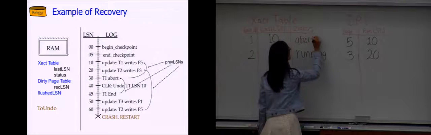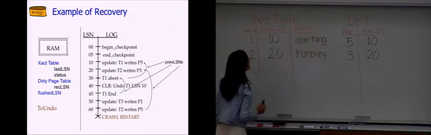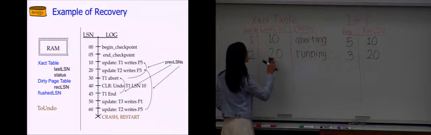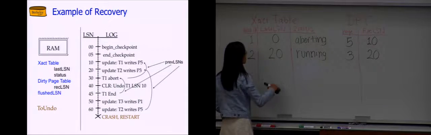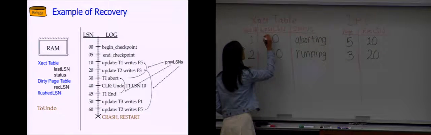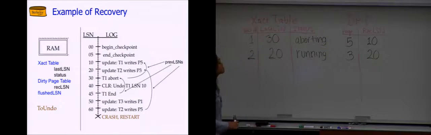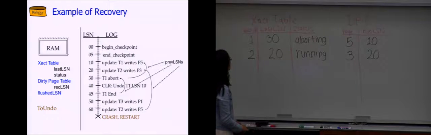Any other changes? Last LSN for 1 changes. That's right. What should it be now? 30. Any changes to the dirty page table? No, right? This didn't affect any pages. Okay. The prev LSN of 30 is 10 because 10 is the previous log sequence number for transaction 1.